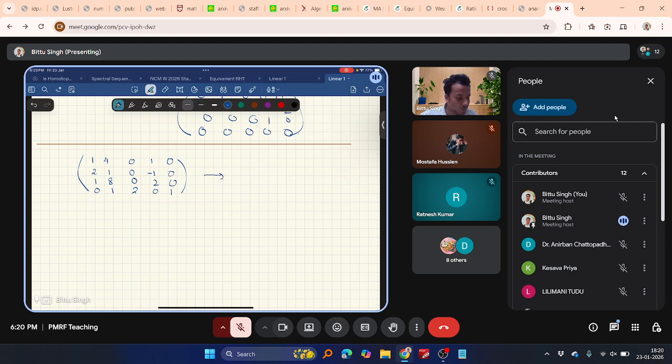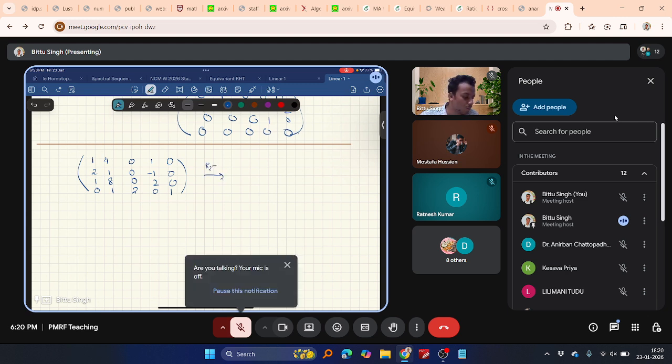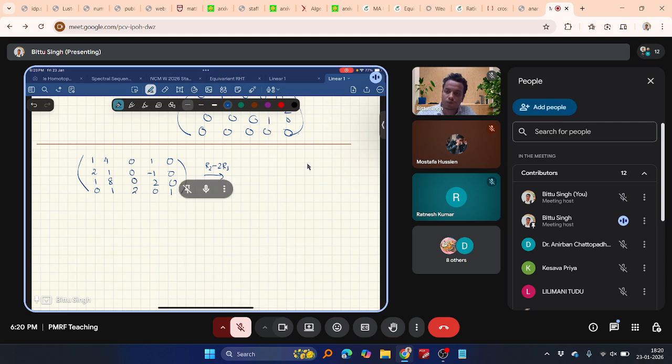So we are doing those two operations: R2 minus 2 times R1, so subtract 2 times row 1 from the second row, and subtract row 1 from the third row. So the first row remains the same, 1 4 0 1 0. Now the second row becomes R2 minus 2 R1. So 2 minus 2 gets cancelled and we get 0. 1 minus 8 becomes minus 7.